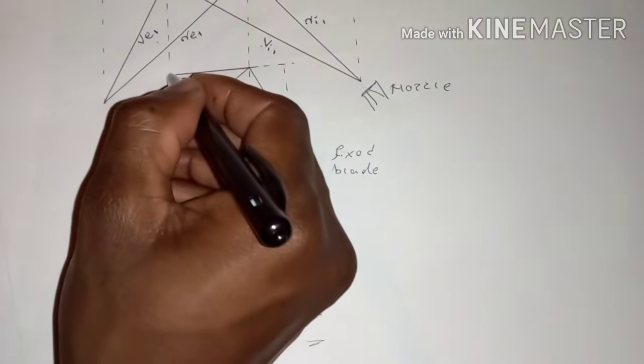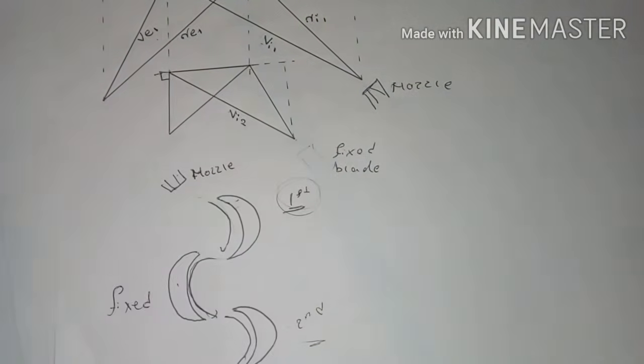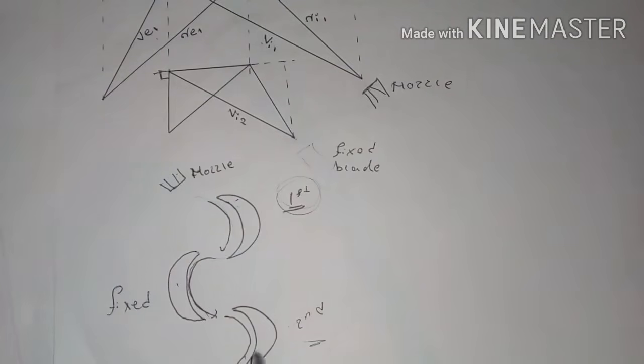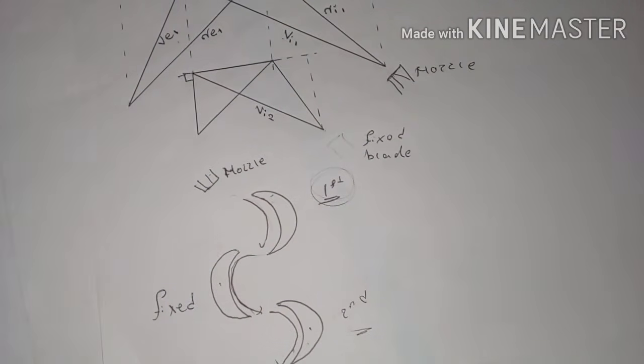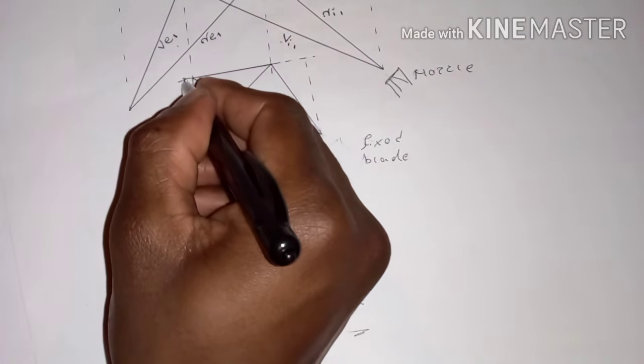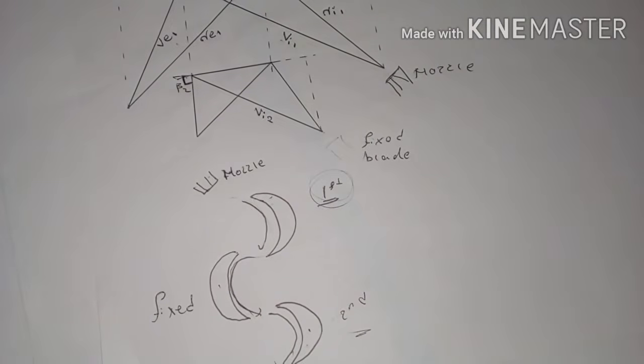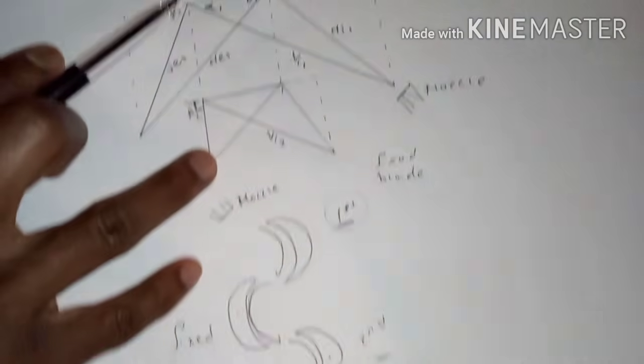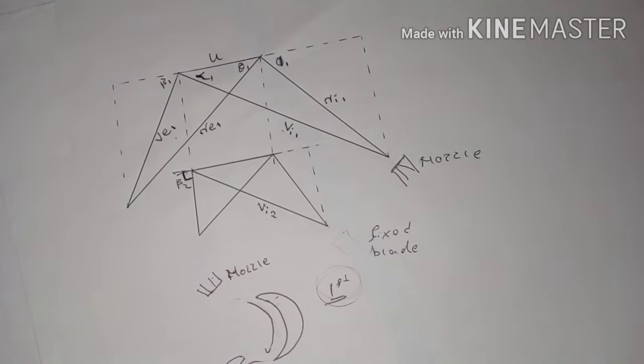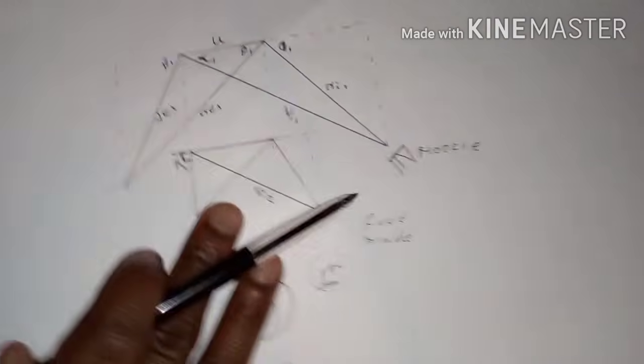In this case, you can tell that this is 90 degrees, meaning we are dealing with a velocity diagram that discharges axially only on the second stage. The steam is being discharged axially. How do we know? This being our beta number 2, it's 90 degrees. The reason why this is called beta number 1 and this is beta number 2 is because they are not the same. You might be told that they are the same, but it's not always the case that they are identical.